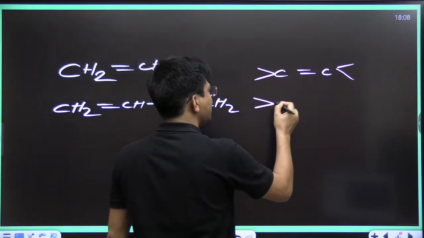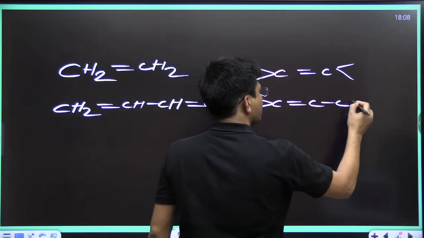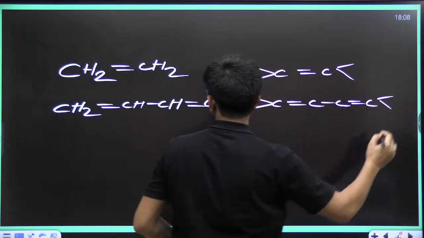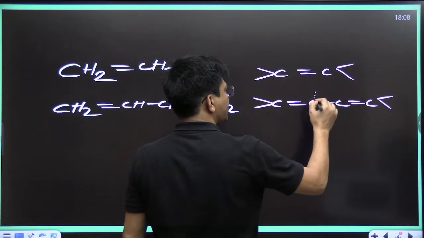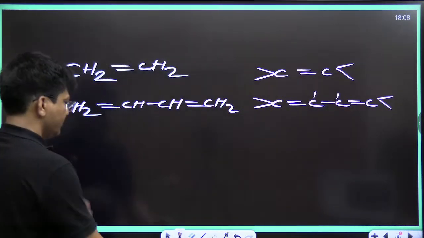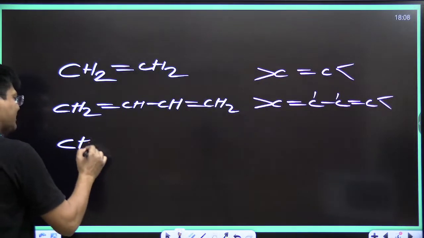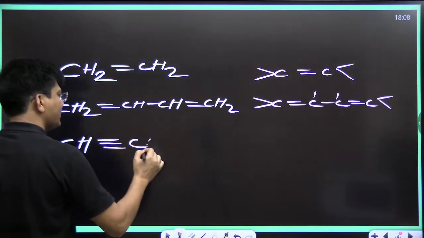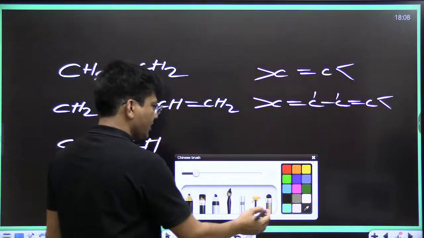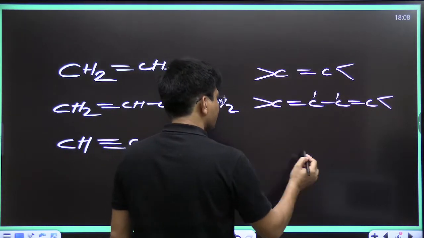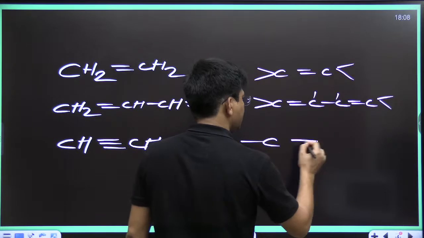Any alkadiene will do the same thing as this alkadiene is going to do, my dear students. And the third one is ethyne, because these three things are really very important, because they are given in NCERT, and the same will do any alkyne.